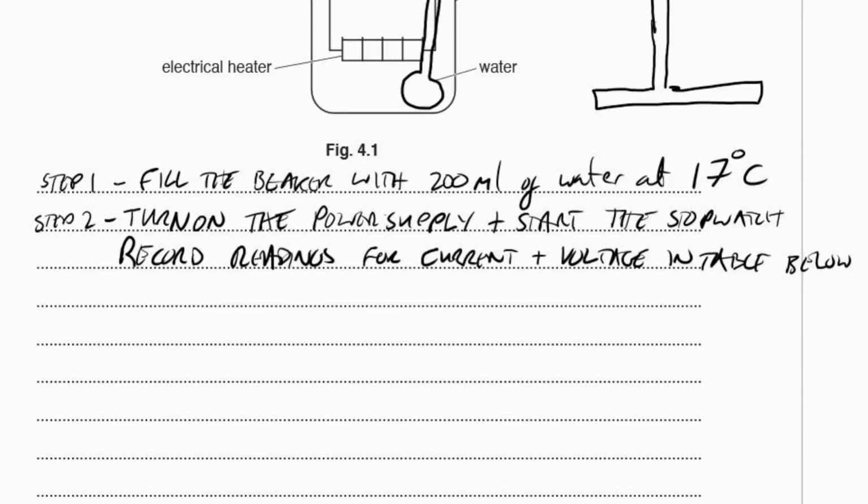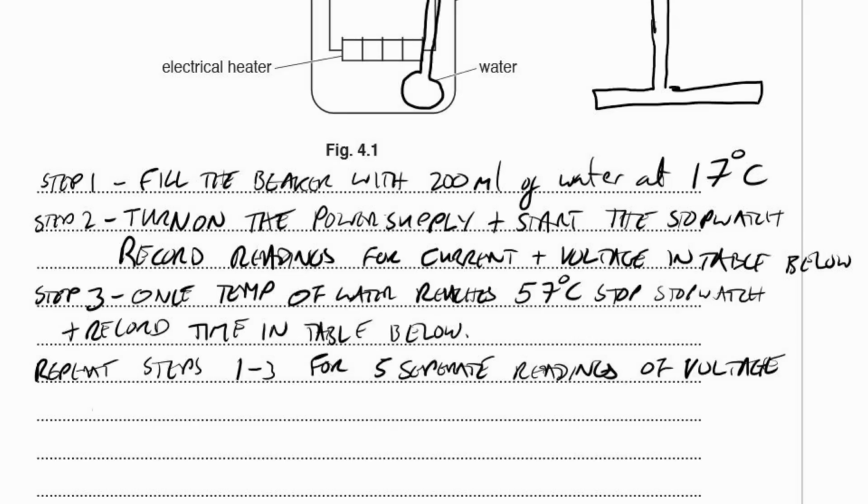Step 3, once the temperature of the water reaches, let's say 50 degrees C, or 57 degrees C, why not? We'll stop it and record the time. Then we're going to repeat steps 1, 2, 3 for 5 separate readings of the voltage. We'll calculate the power in the table and then draw a graph.